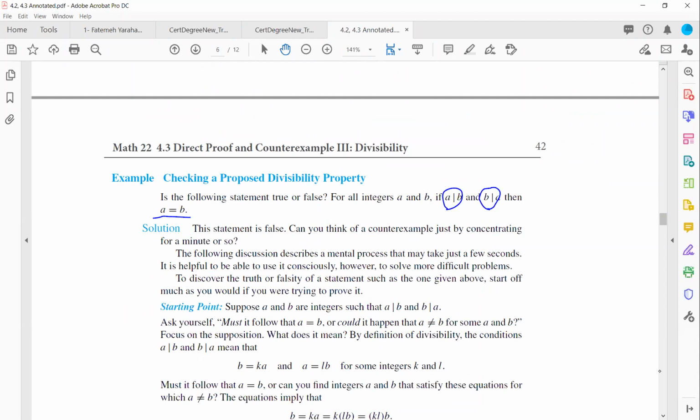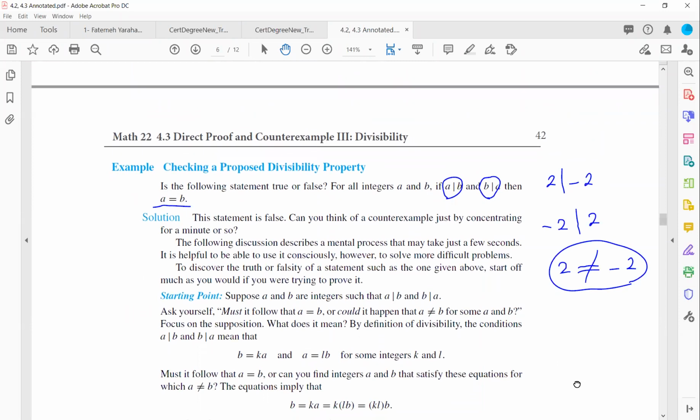Why is that? For example, 2 divides -2, okay? -2 also divides 2, but 2 is not equal to -2. I found a counterexample for this statement, and this statement is false.